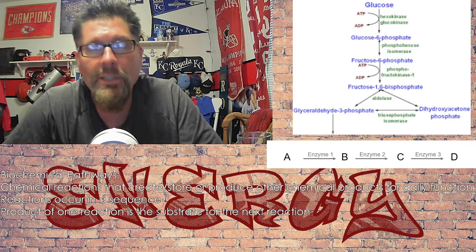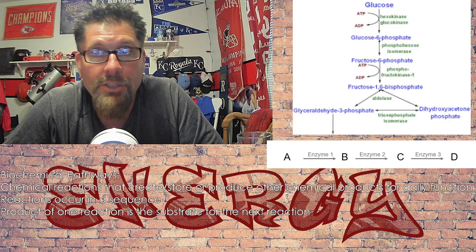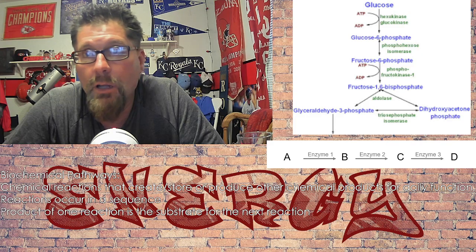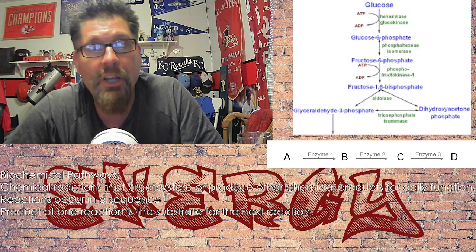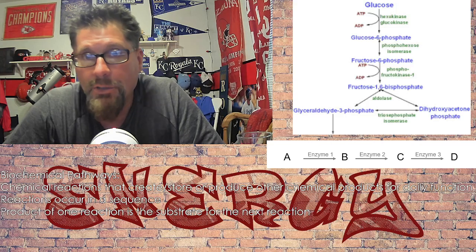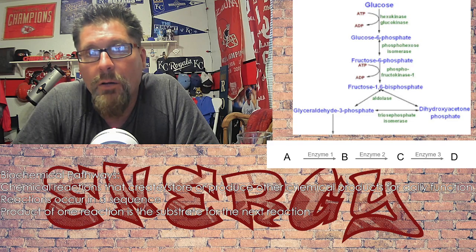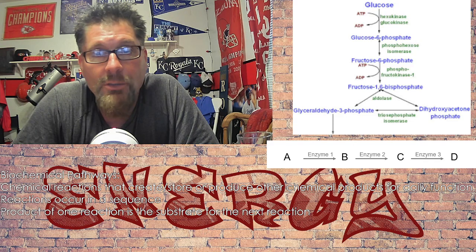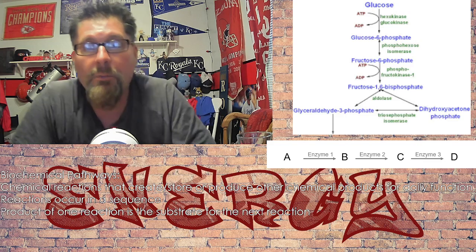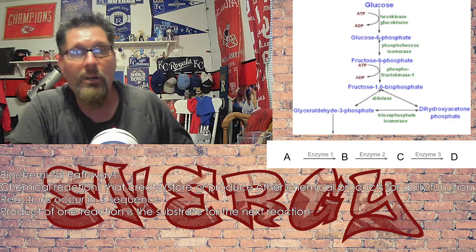Now, one of the things that we're going to be looking at in Chapter 7 is this exact diagram, or one just like it. And this is the breakdown of glucose, the initial breakdown of glucose in a process called glycolysis. Now, enzymes, we want to remind you that they're connected to biochemical, biological, metabolic pathways, whether they're breaking down or building.